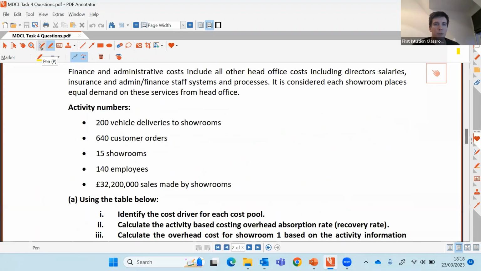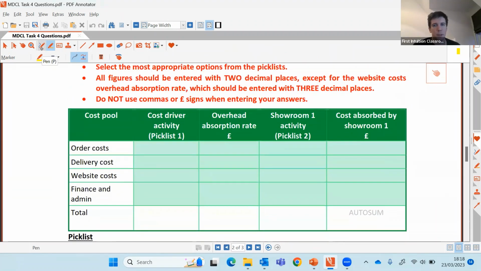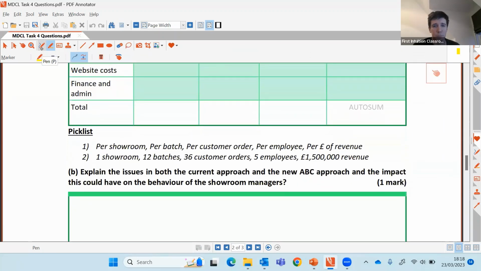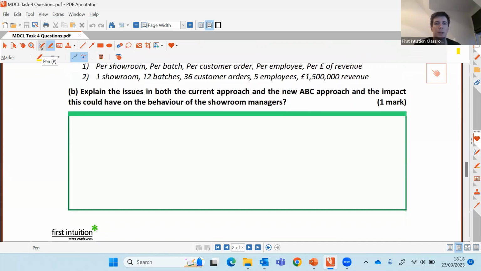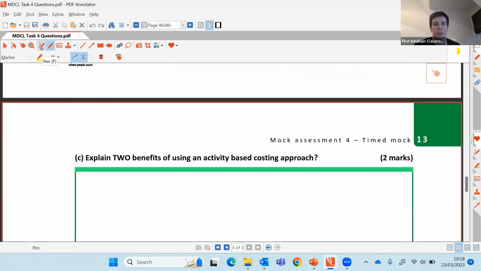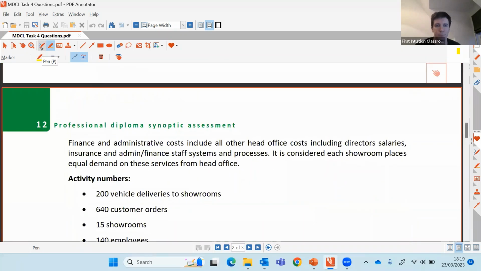So we're going to work through the information, and over the page we've got to complete these numbers using activity-based costing principles. They've given us a pick list, and also we need to explain the issues in both the current approach, the new ABC approach, and the impact, before then discussing 2 benefits of using activity-based costing. All right.